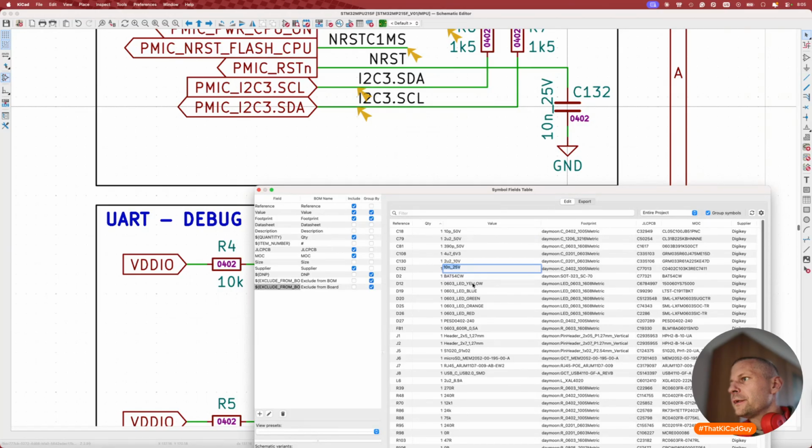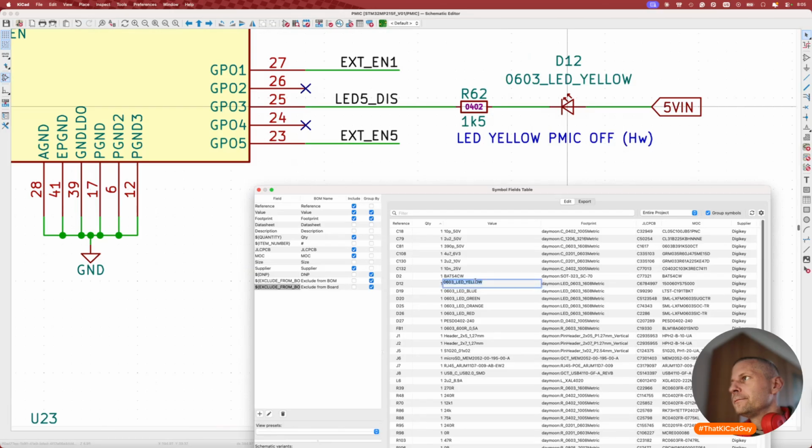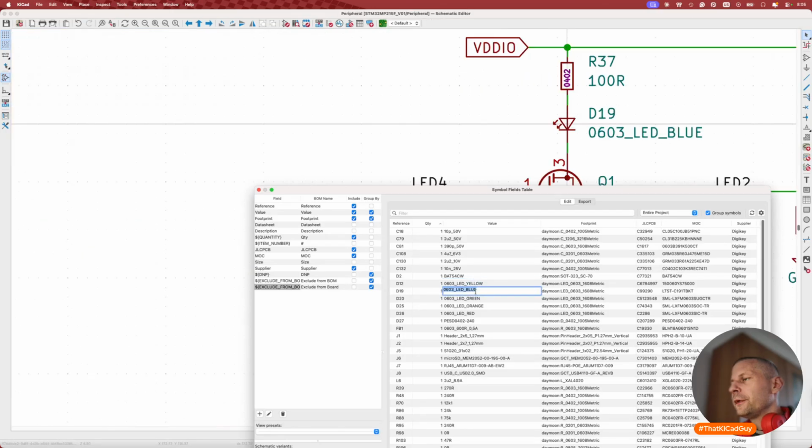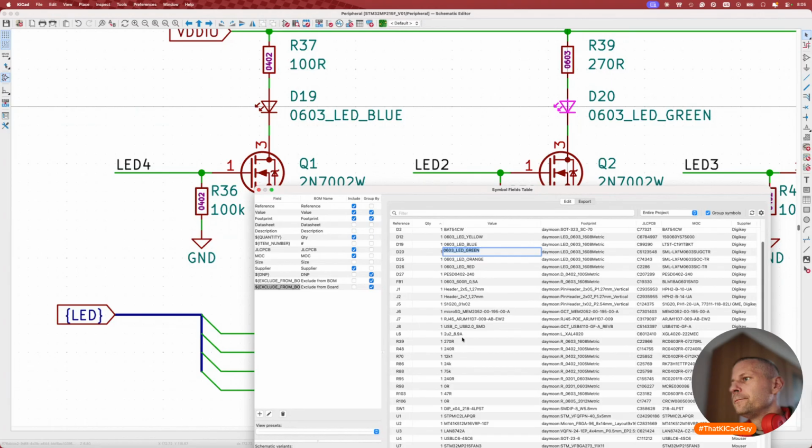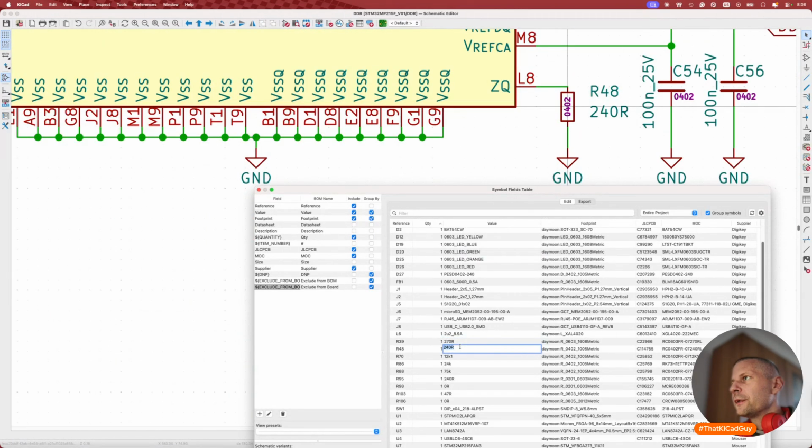The LEDs: yellow, blue, green, orange, red. Yellow here, blue here, green here, yeah. This can be this one.